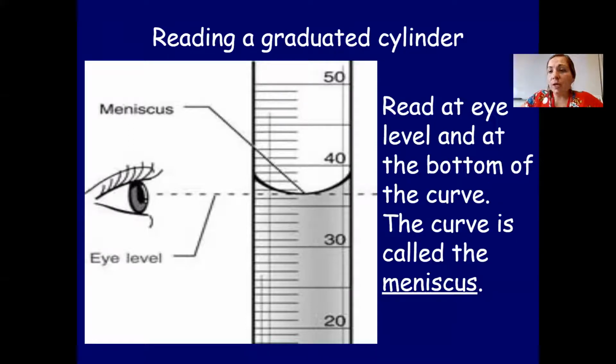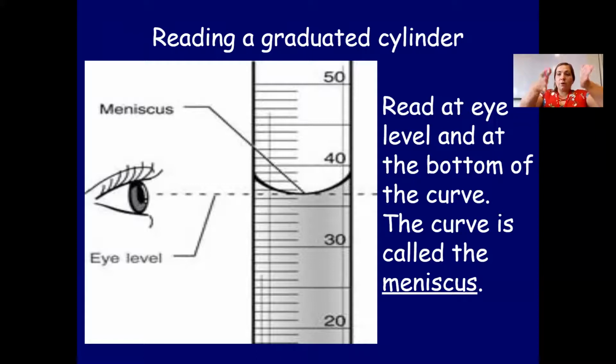You need to read it at eye level. Mind you, if we were in class right now, we would do something called the Rainbow Lab, and you would have to measure an actual graduated cylinder with liquid in it, okay? So we call that line the meniscus line. That is the line that you read.